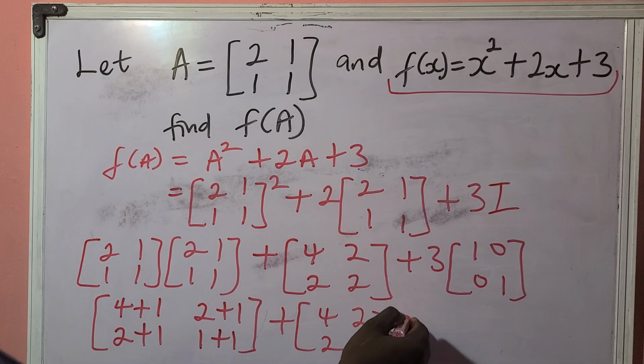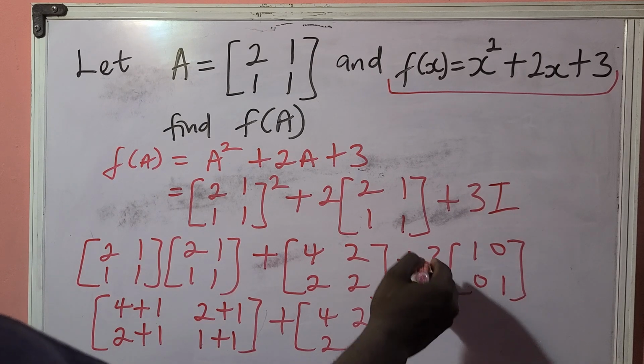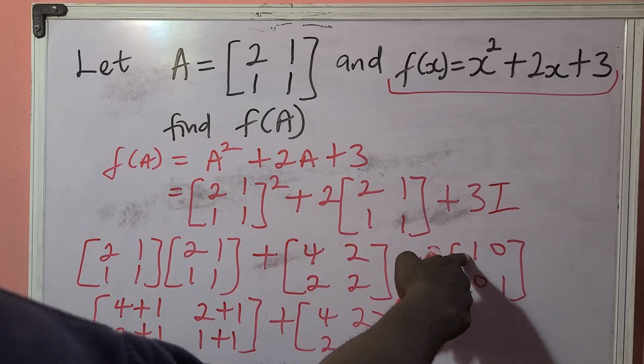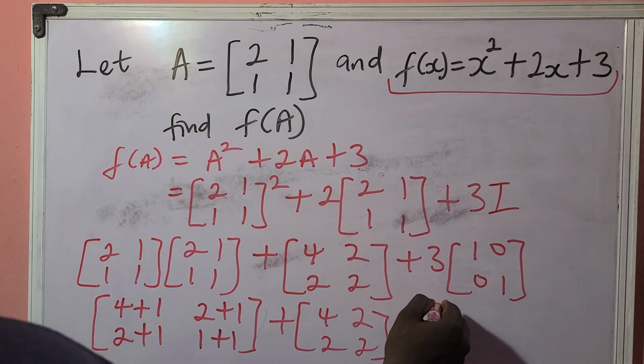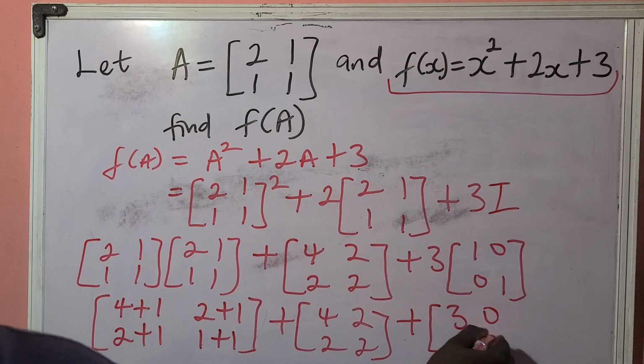Then multiplying this scalar 3 with our identity matrix, what we will have is obviously just you taking the scalar and multiplying with each element of the identity matrix. So we have 3, 0, 0, 3. So we can go on to resolve this.